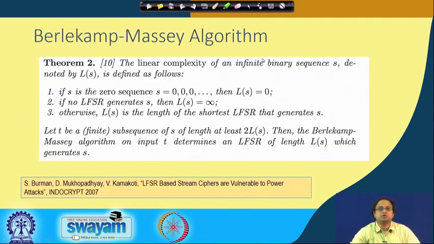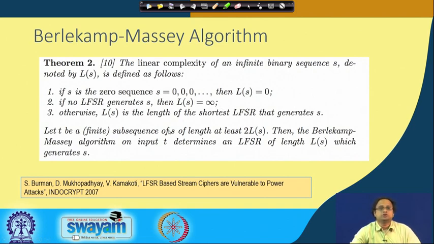So now what we do is we apply a result which is called the Berlekamp-Massey algorithm. This description of the Berlekamp-Massey algorithm kind of summarizes the power of this algorithm. We will not go into details of the algorithm, but at this point you can concentrate on the implication of this algorithm.